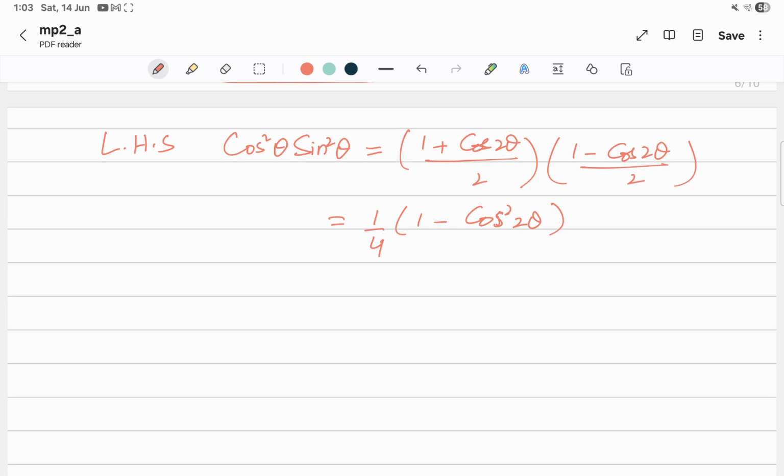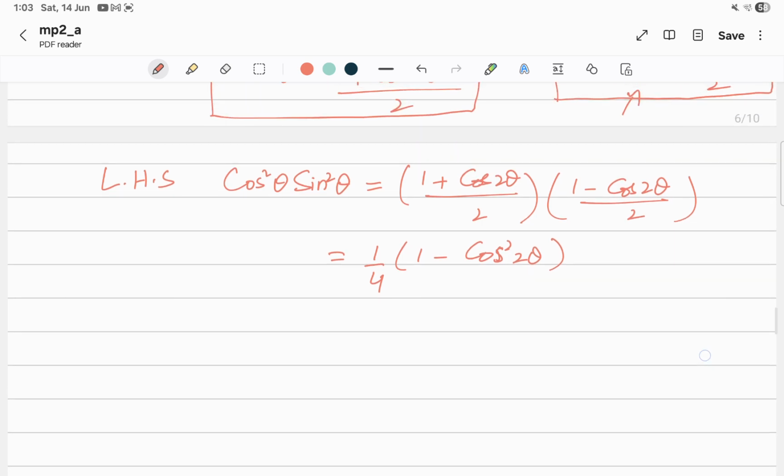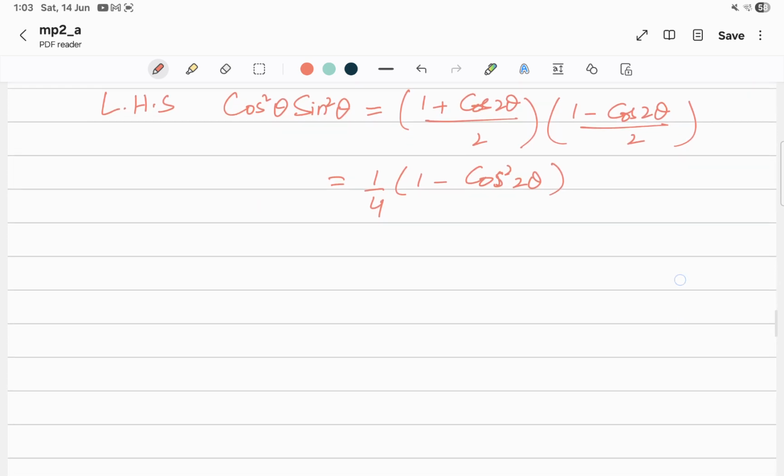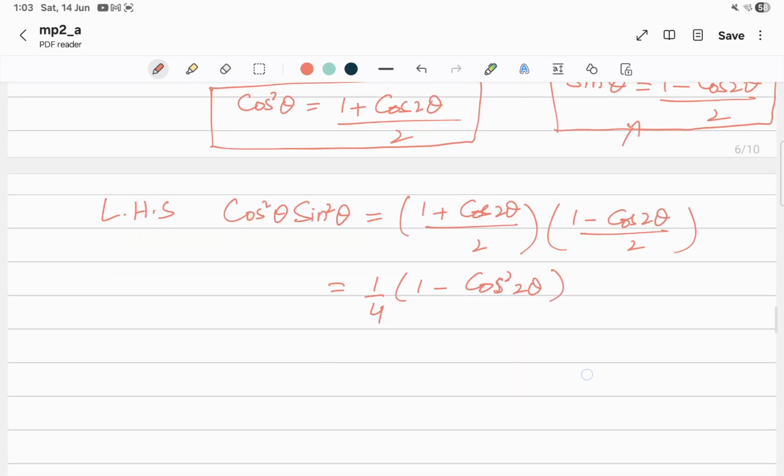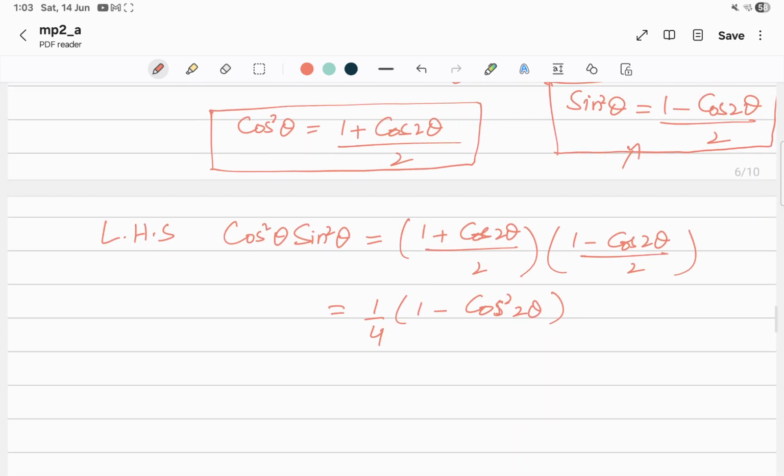Now the problem is we have cos square 2 theta again, and we should have 1 over 8 times something. So we can use this result again. If you replace your theta by 2 theta, if you change your angle, then this angle should double as well.